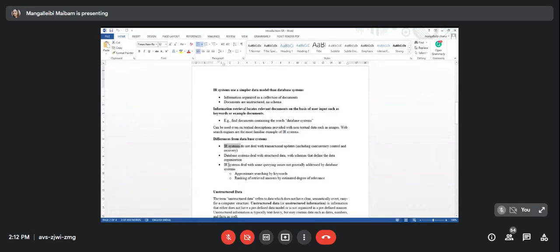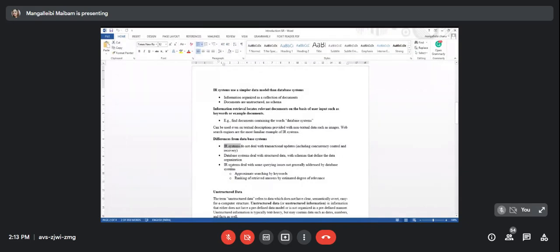Information retrieval systems are not used with transactional updates, which normally involve concurrency control and data recovery. That is not included in an information retrieval system, whereas in a database system you can also have data recovery. A database system deals with structured data, whereas an information retrieval system normally deals with unstructured data.